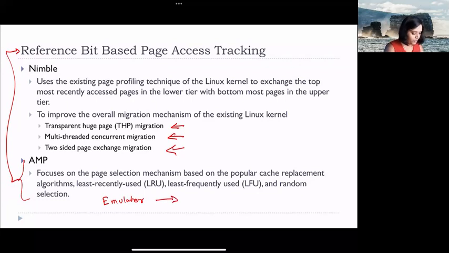If you refer to the paper, you would get to know there are some challenges on running it in the real system because of the overhead that a real system would have in order to implement these least frequently used and least recently used algorithms. We'll see more details about how we capture information of LFU and LRU.